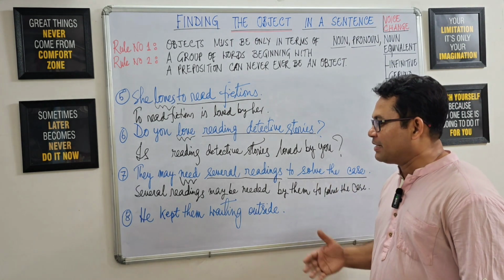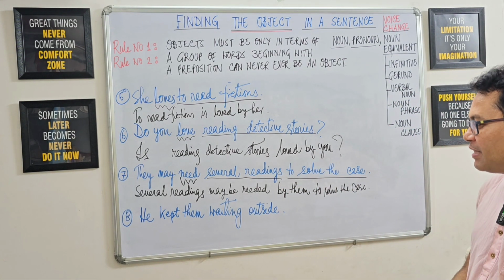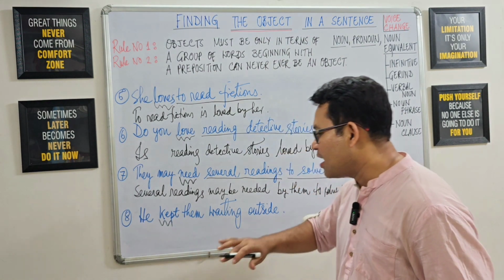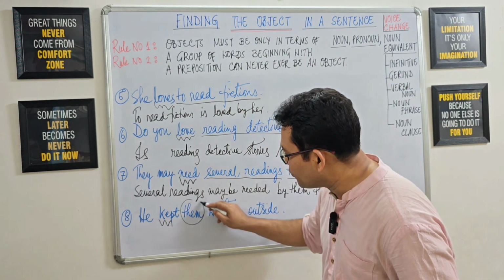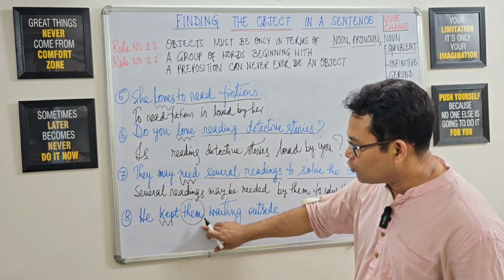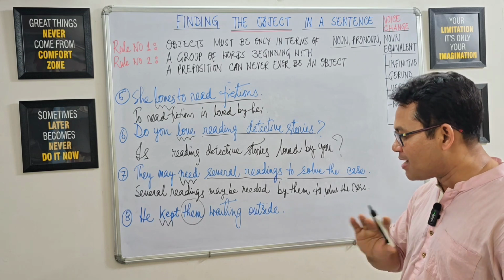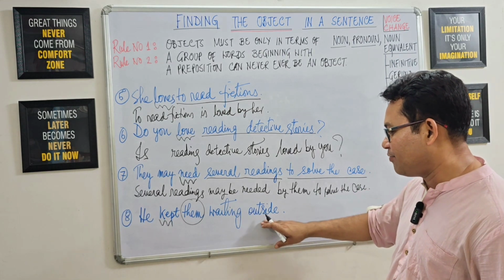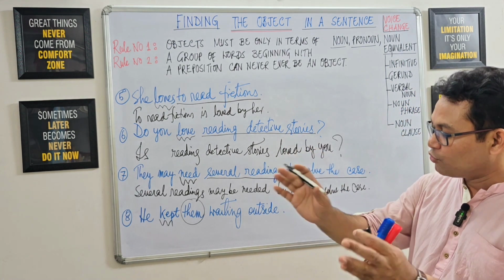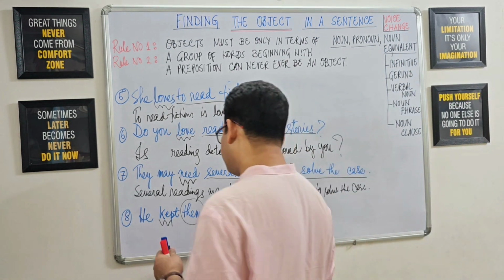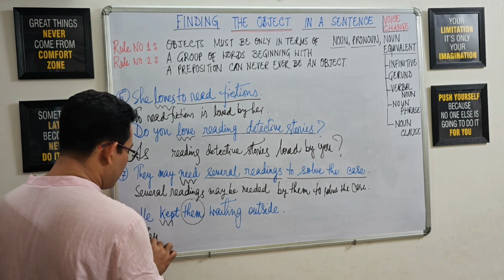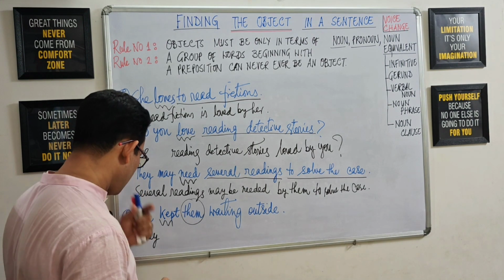Then number 8, more complicated than the previous ones. He kept them waiting outside. Now here the verb is kept, after which we directly get a pronoun, them. Now we have to remember that a pronoun should be used individually. We must not attach any adjective phrase, or any adjective phrase plus adverb phrase together, to modify that pronoun. So here the pronoun should be kept separated, and in this case it should be brought in at the very beginning, they.